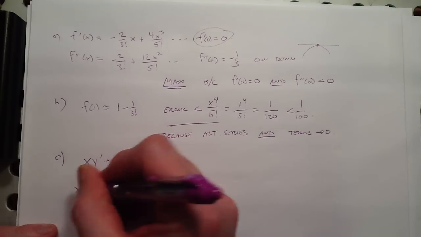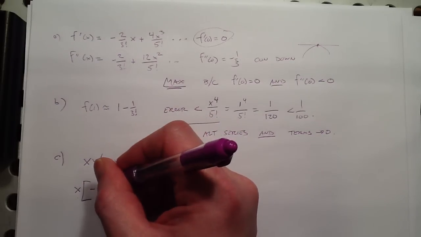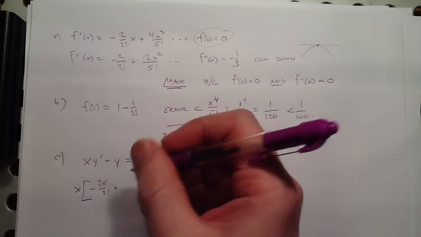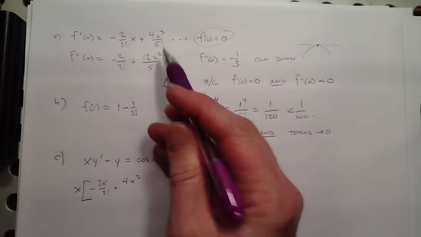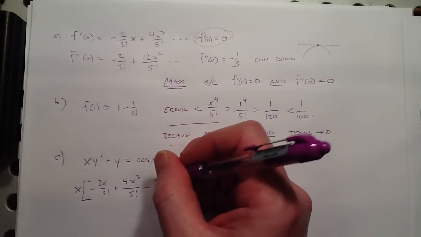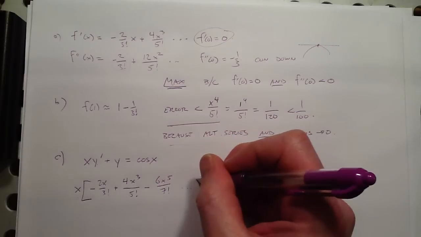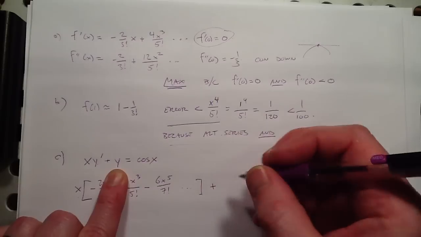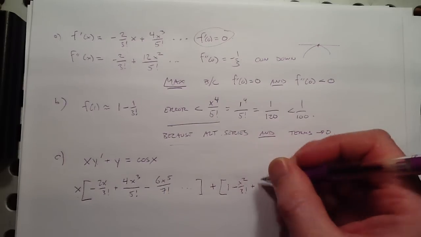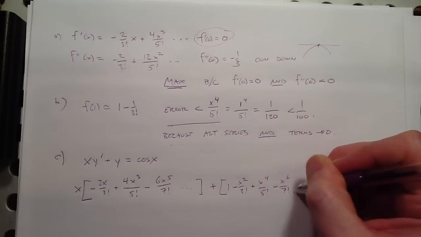And the derivative of our series, I'm going to put the x here, is negative 2x over 3 factorial plus 4x cubed over 5 factorial minus, I'll do one more term, 6x to the 5th over 7 factorial, etc., plus y, the actual series itself, which is 1 minus x squared over 3 factorial plus x to the 4th over 5 factorial minus x to the 6th over 7 factorial.